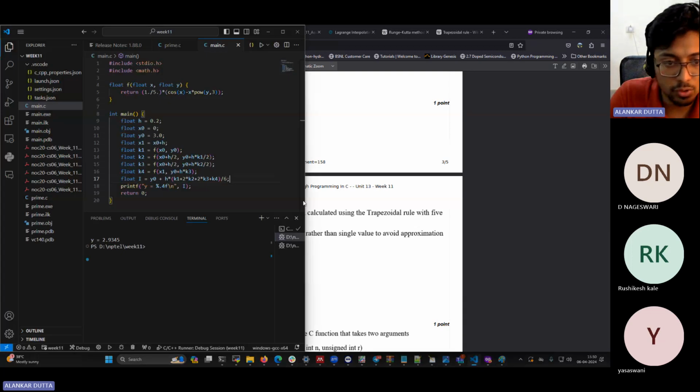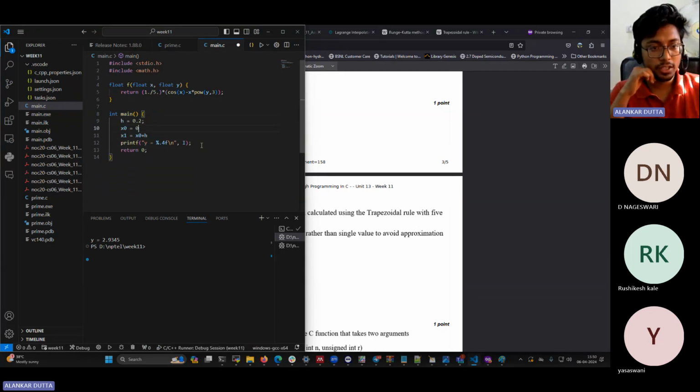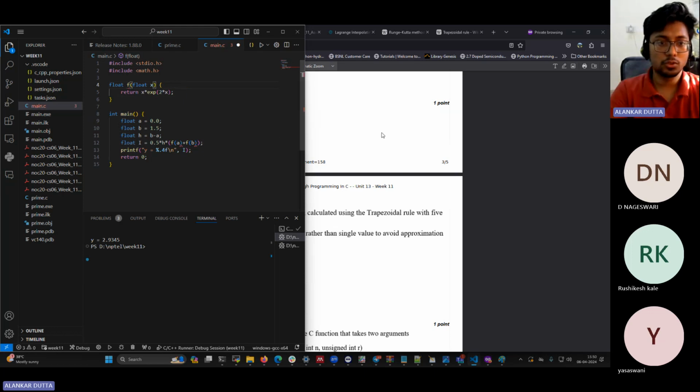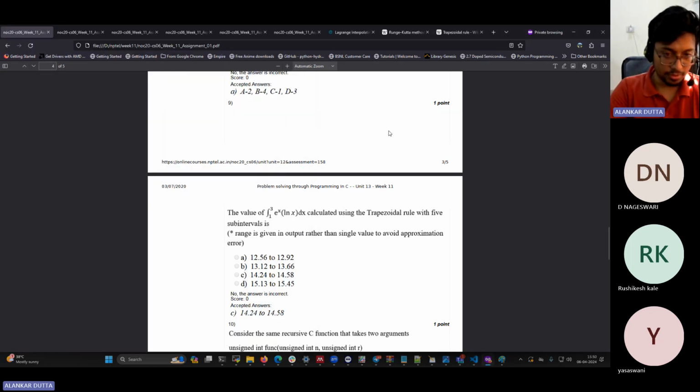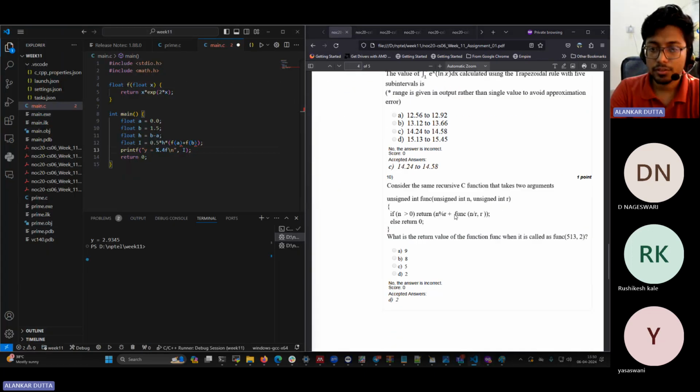So let's go to VS Code, and what I'll do is undo all the changes and go back to the state where we had written the trapezoidal integration before, and then we will do that to find out the numerical value of the integral for this new function.